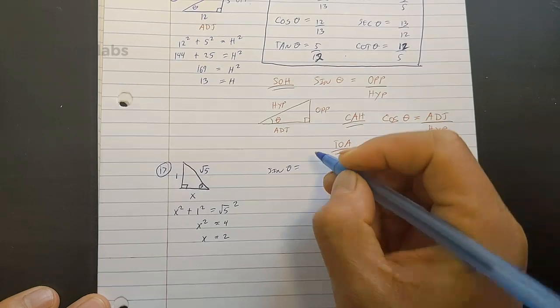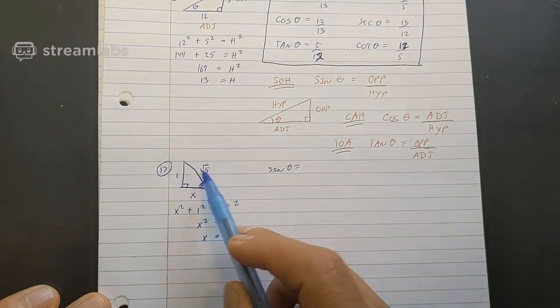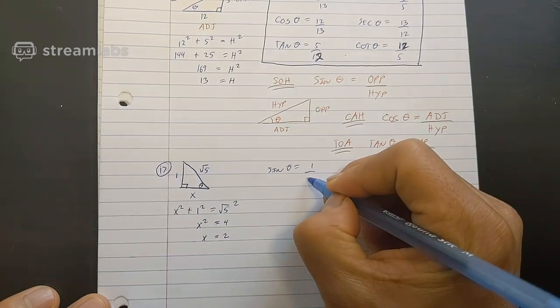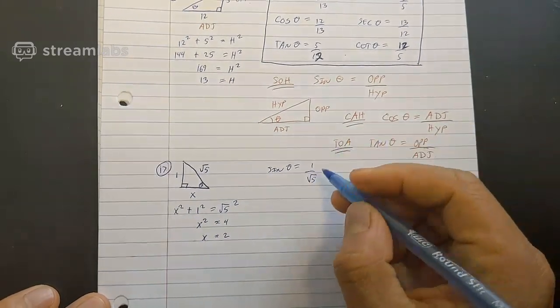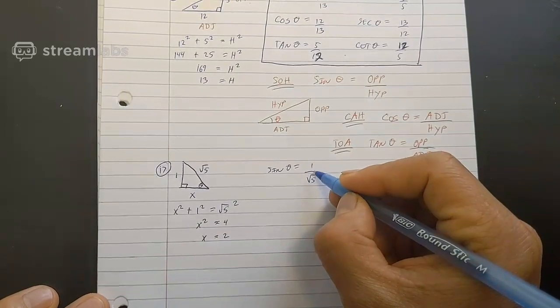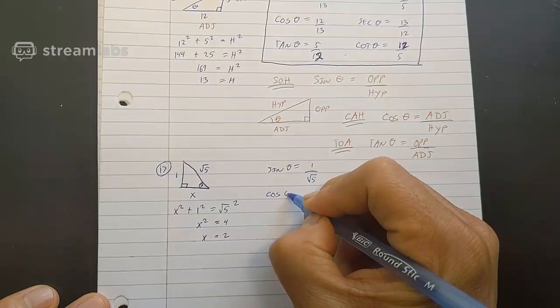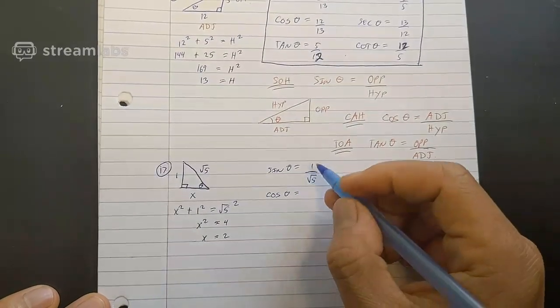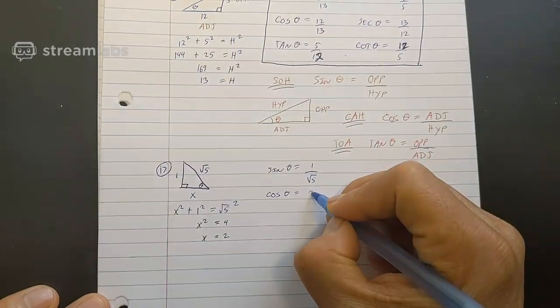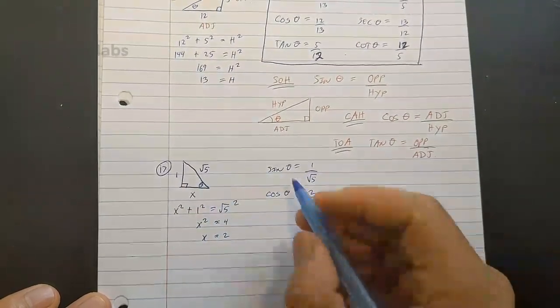Sine theta is equal to opposite over hypotenuse, 1 over root 5. I'm just going to leave these, I'll rationalize them later. Cosine theta is equal to 2 over root 5, which is adjacent over hypotenuse.